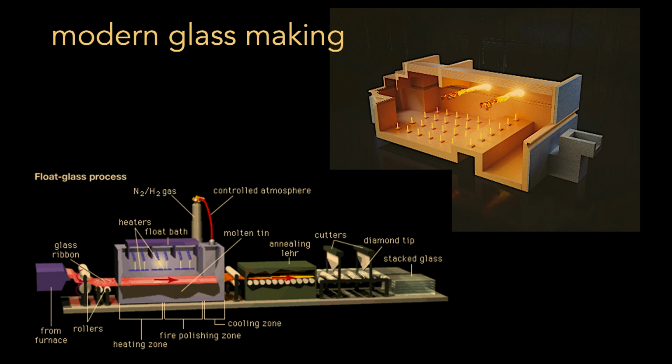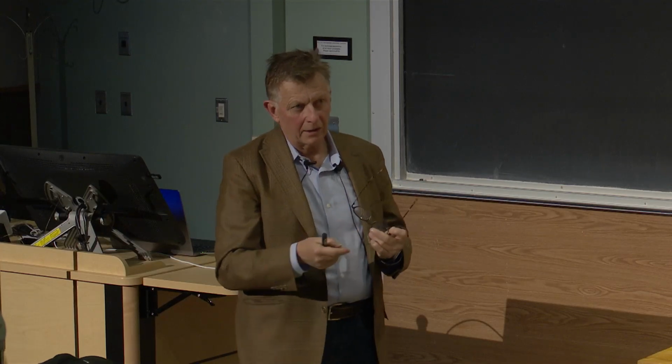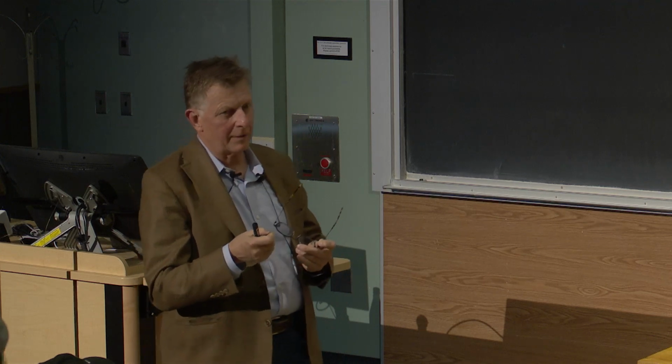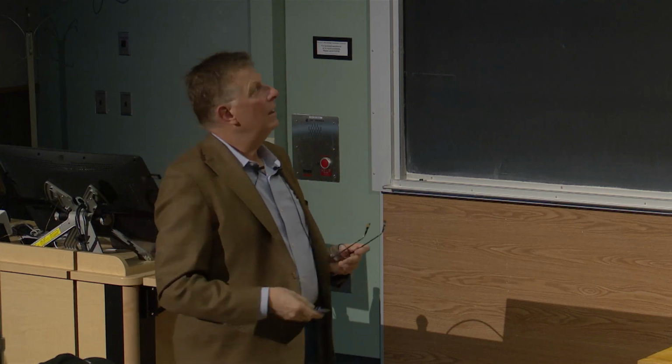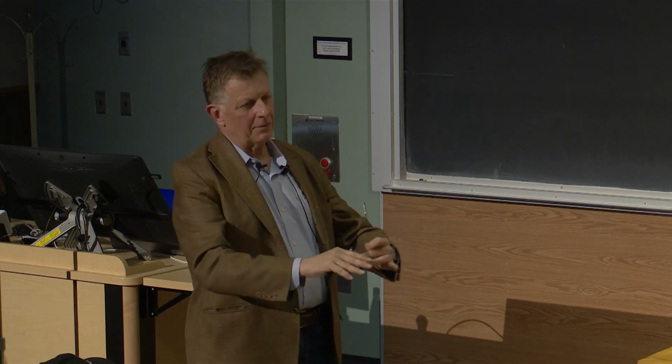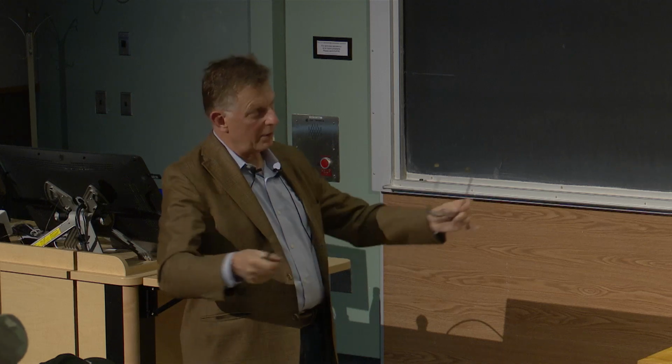That's the so-called Pilkington process, where they figured out that the best way to do this is to have the glass poured onto a tin bath, and the glass is lighter. It has about the density of 2.5 grams per cc. Tin has like 5, 6, or 7. And so it just falls on top, and then it spreads out. They actually have little rollers on the side that stretch it out.